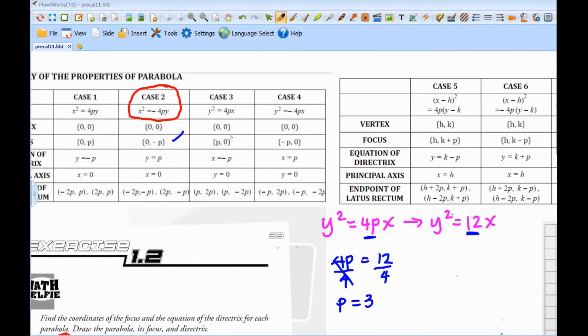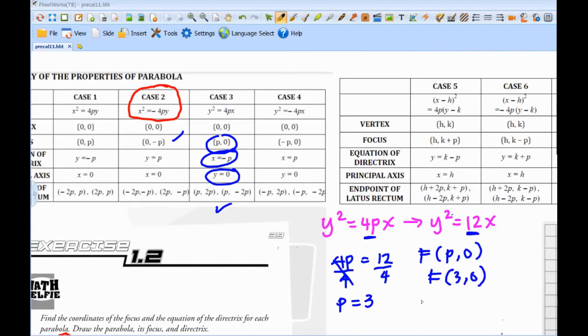Okay? So therefore, we identify our focus, our directrix, our principal axis, and the endpoints of the lattice rectum. So the focus is at p, 0. So the focus now is at 3, 0.